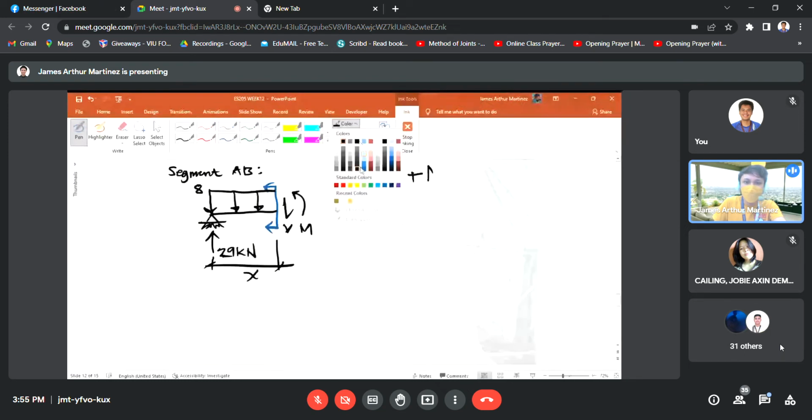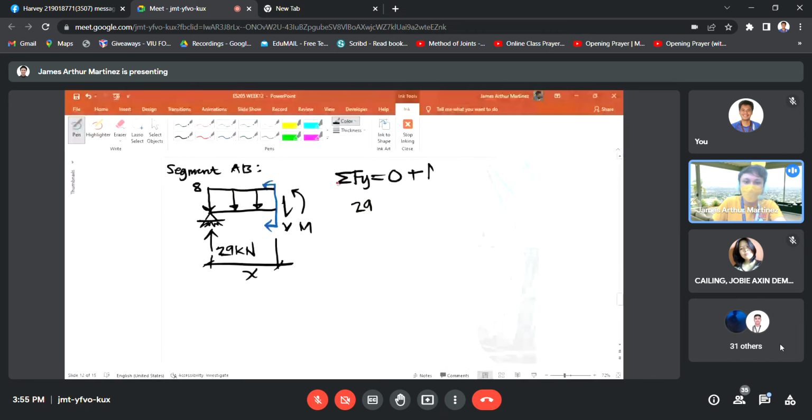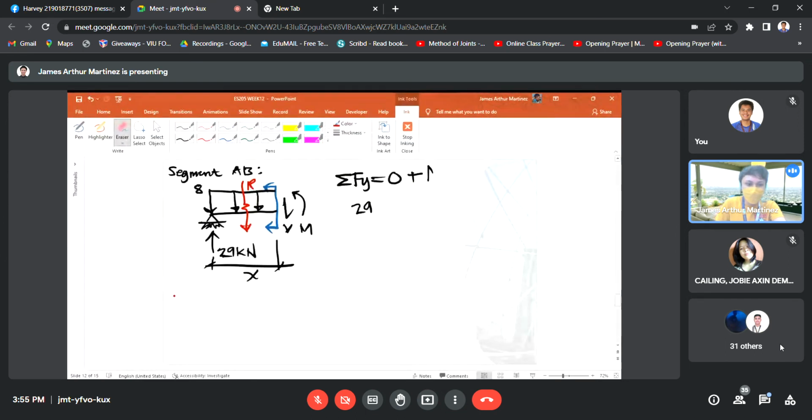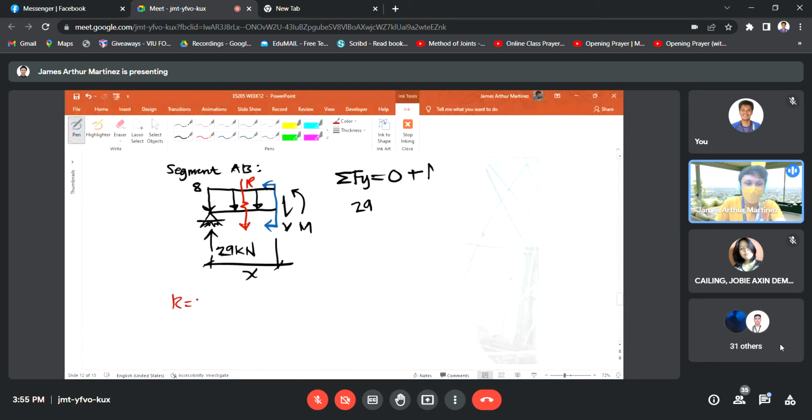So we will also convert the distributed load into concentrated load, si R. So how do we determine R? So it's just, di ba, the magnitude, which is 8 kilonewton per meter, times the span of your distributed load, which in this case is x distance. So meaning class, your R is just equal to 8x. Okay?